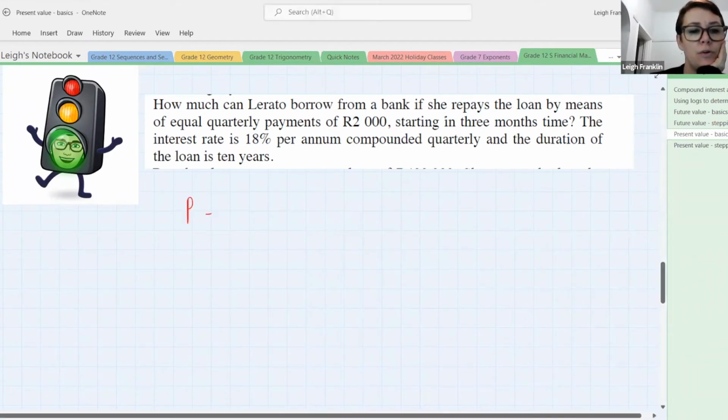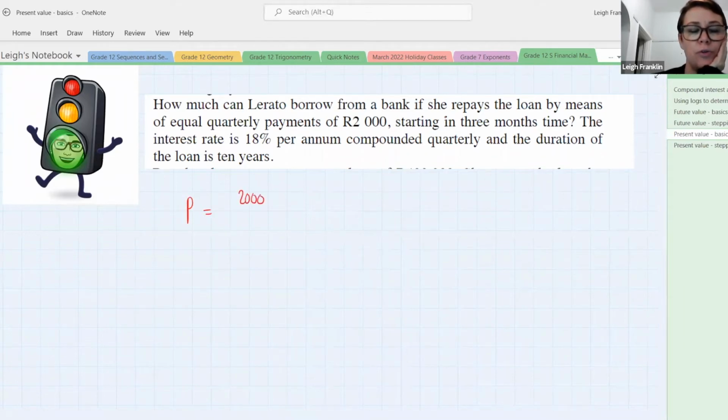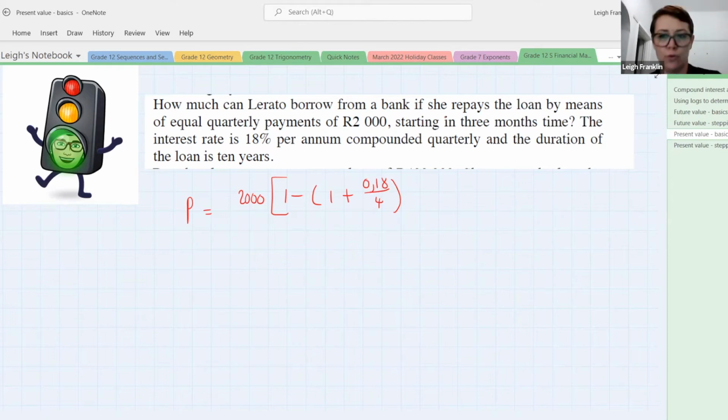Okay, so the present value of Lorato's loan: 2,000 Rand is what she borrows, 1 minus 1 plus the interest rate, which is 18% compounded quarterly, so we must divide that by 4. Now remember, she is making quarterly payments, so that means she makes 4 payments a year for 10 years.